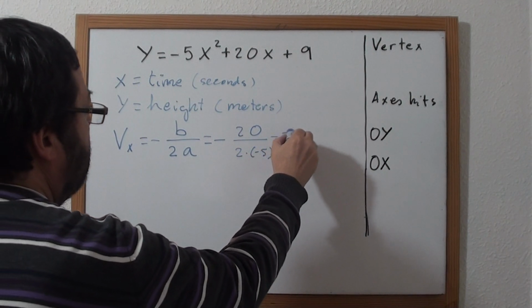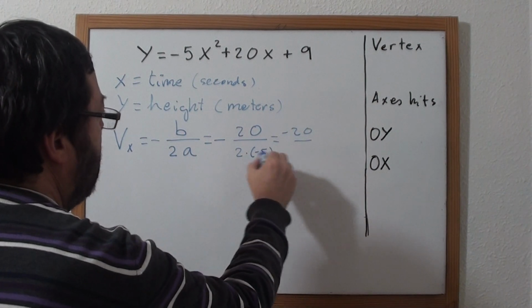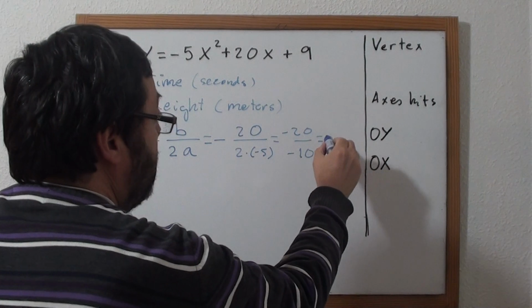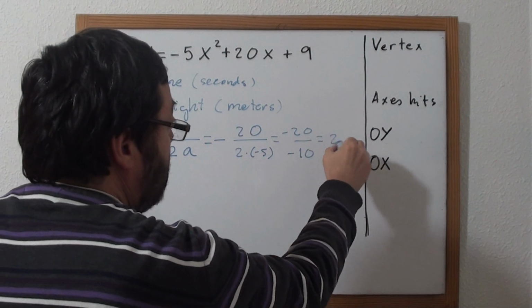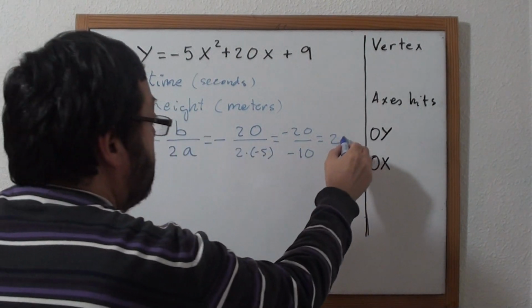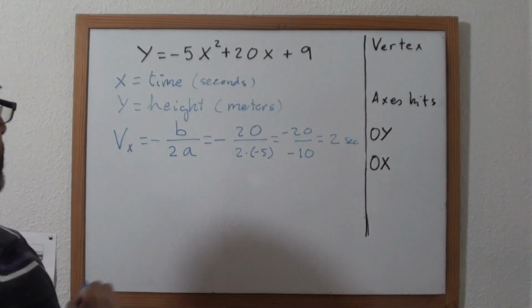So we have -20 divided by -10, so that it becomes positive, and that is 2. As this is the x coordinate and the x is time, this is 2 seconds.